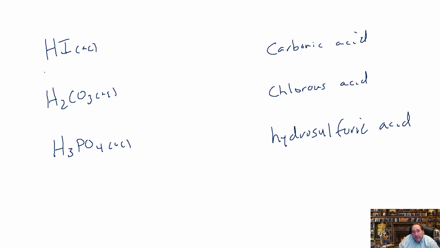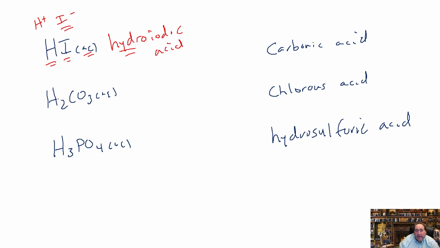Okay, so let's take a look here. So first off, I see aqueous, I see hydrogen, I see I. That means that this is basically H plus and I minus, which is why we have two of those. I do not see oxygen here, so I know that this is going to be hydroiodic acid. And again, hydro because no oxygen present.